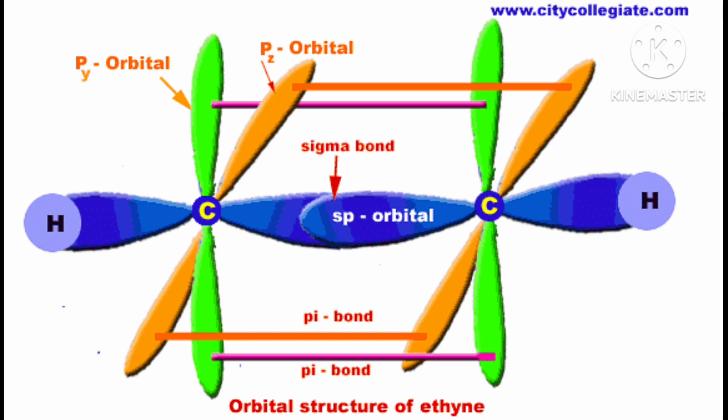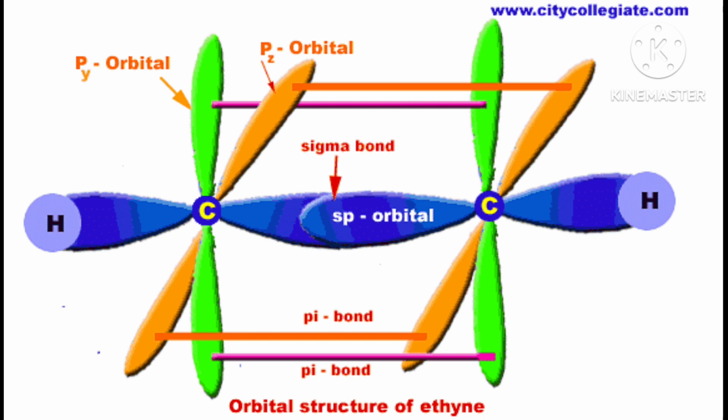A sigma bond is a weak bond. The CC single bond in alkane has a very low bond energy, 348, the double bond 681, and the triple bond 823 kilojoule per mole.